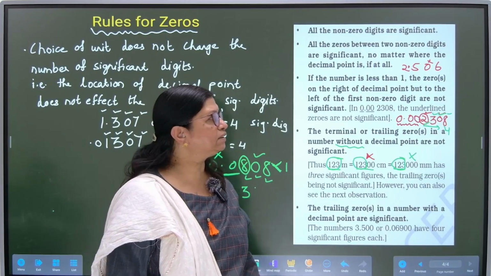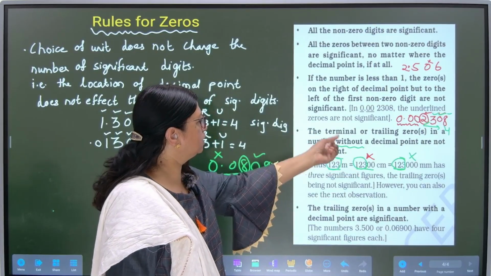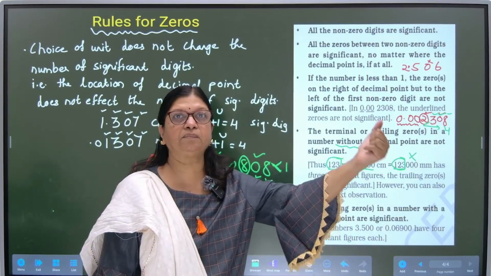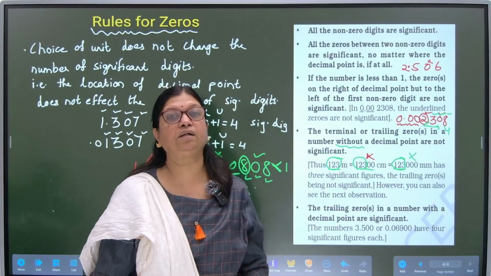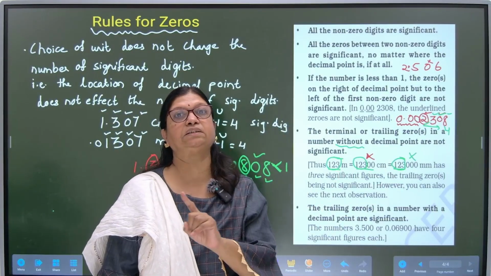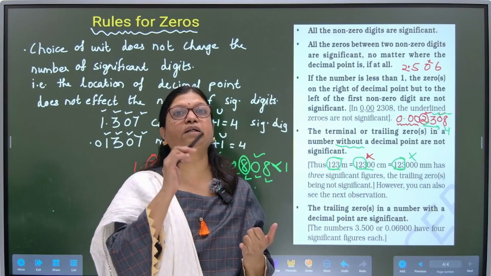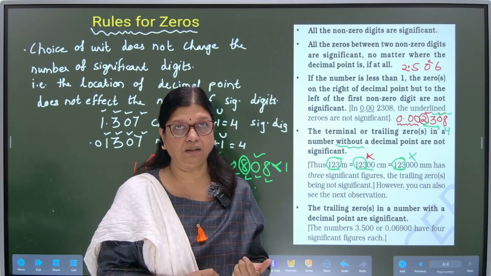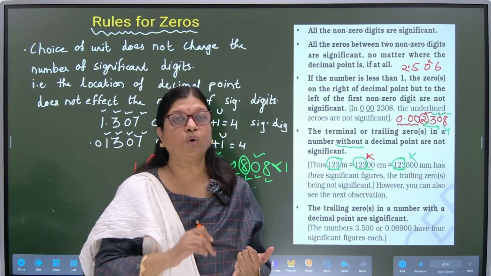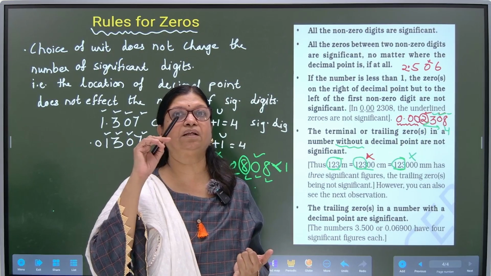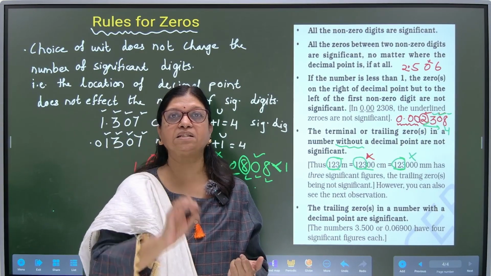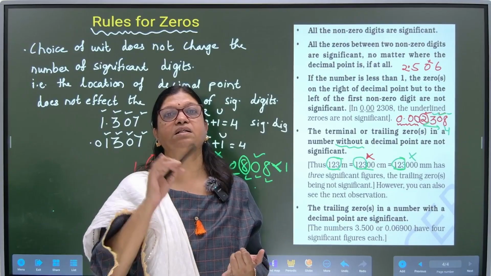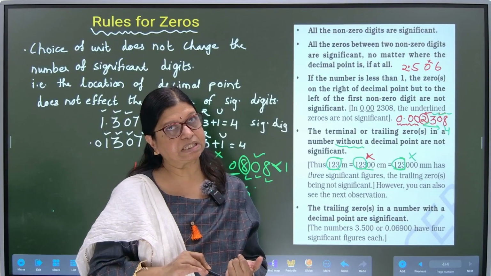What are the trailing zeros? The zeros which are at the end, the terminal zeros, provided my number does not have a decimal. So if the number does not have a decimal, then those zeros at the end should not be considered as significant digits.